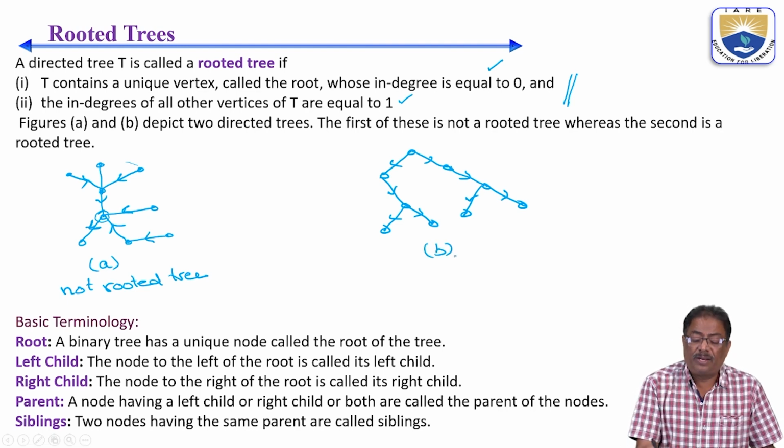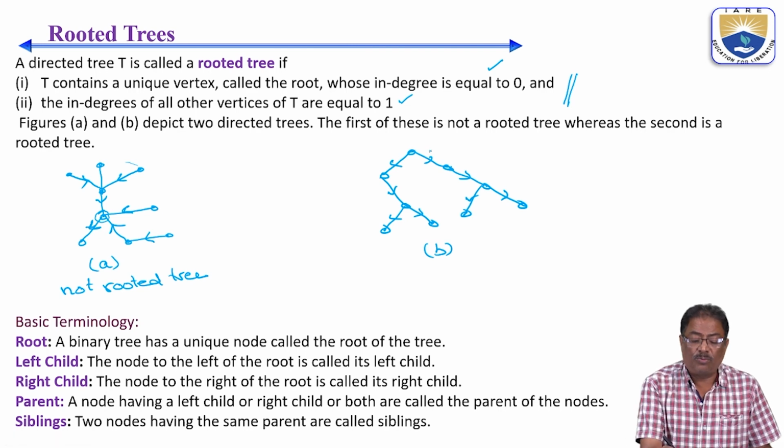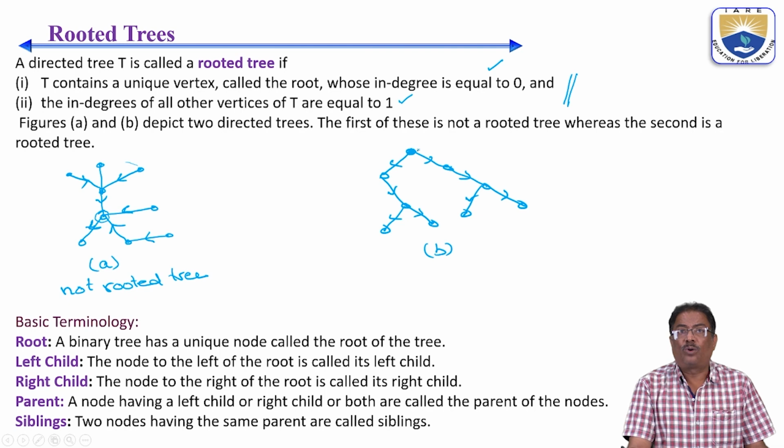Here there is one vertex whose in degree is equal to 0. This vertex has in degree 0, so we call this vertex the root node.